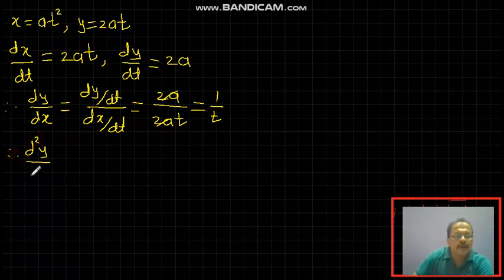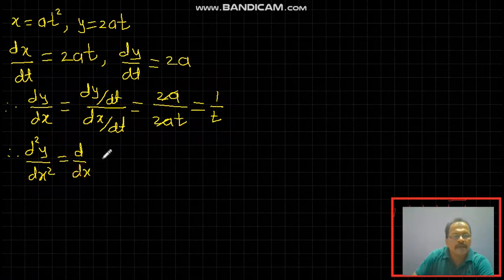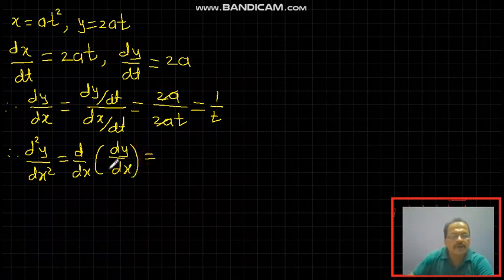d2y by dx square is d by dx of dy by dx, that is derivative of dy by dx with respect to x. But what is dy by dx? It is 1 by t.